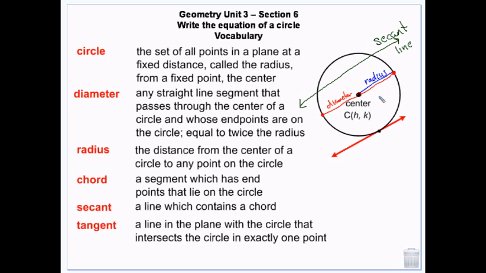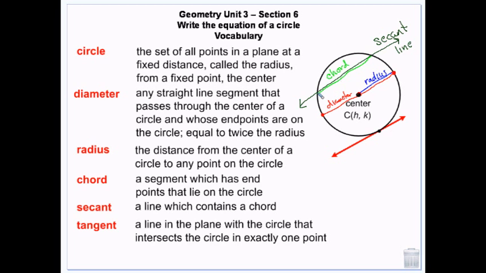The secant line is just a line that cuts through a circle, but not through the center, just anywhere else. It can be towards the edge, it can be towards the middle, just so long as it doesn't go through the center, it's a secant. And then this part of the secant right here, that's a chord.